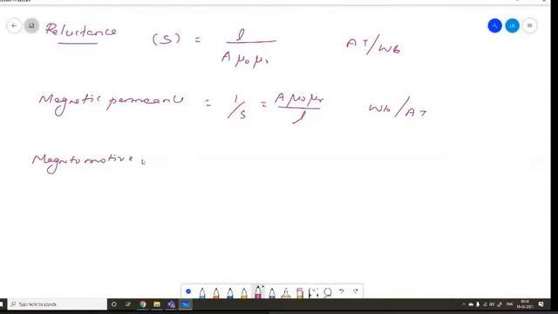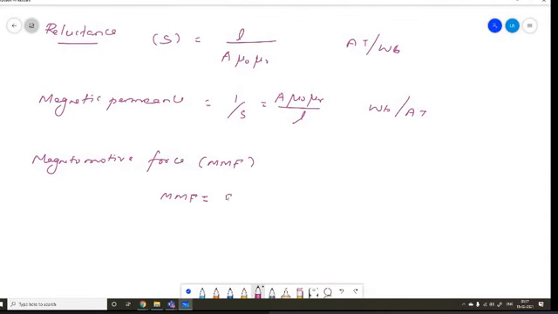Just like we had EMF in the case of electrical circuit, here we discussed magnetomotive force, in short MMF. To solve problems, 3 relations might be required for MMF. One is how this MMF is related to flux as well as reluctance. So that you must be knowing.